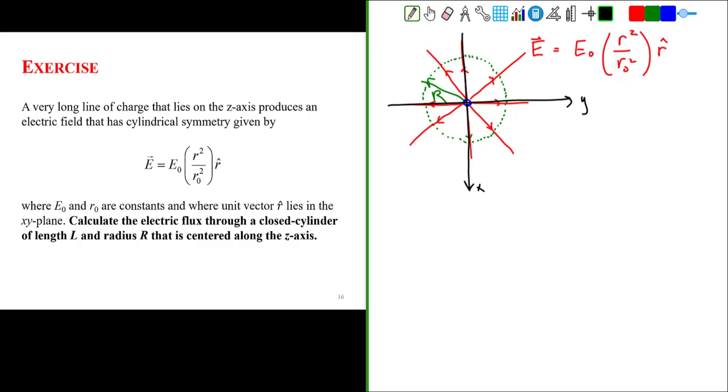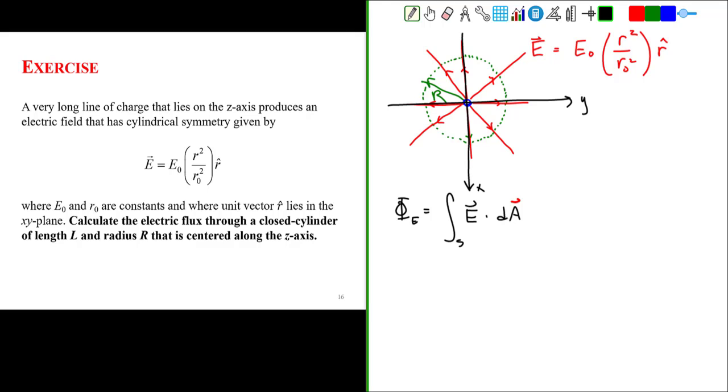From this, electric flux would be given as the integral over the surface of the dot product between the electric field and the area vector.